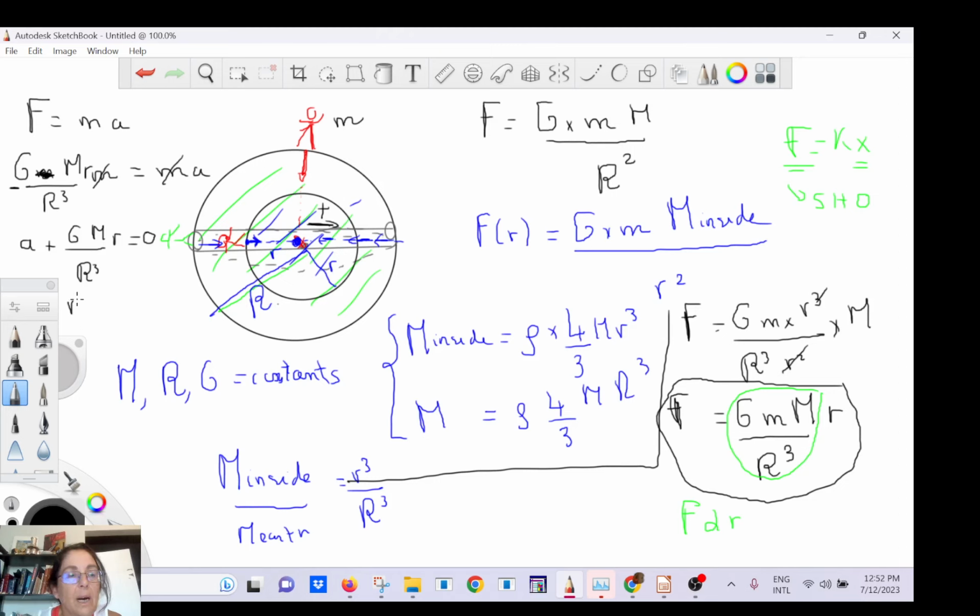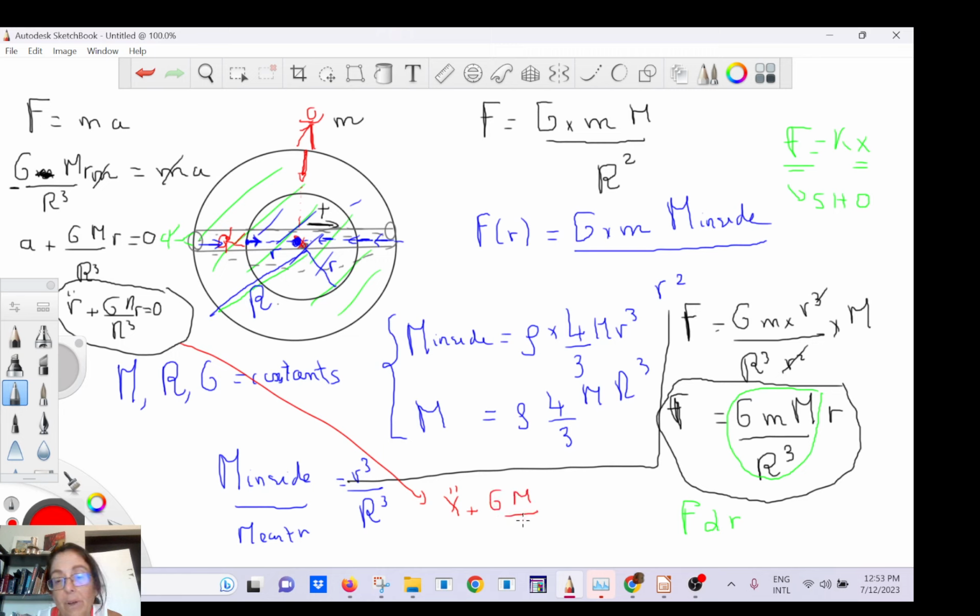Or you can say R double dot, if it's acceleration along the r, so it's like x if you want. You can replace it by x. So that will be x double dot, the acceleration, plus G, the mass of the Earth, over R cubed, times x equals 0.